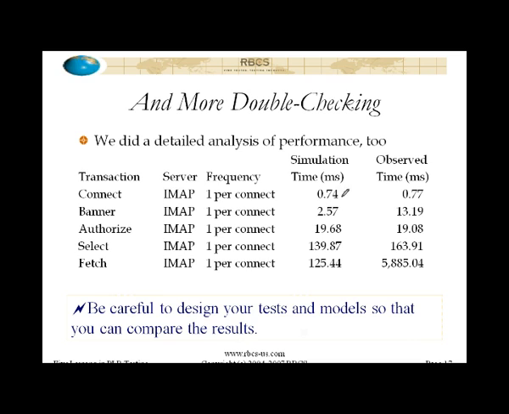So you see here with the Connect, those guys are pretty well aligned, 0.74 versus 0.77. But you get the banner, obviously, wow, you got a big discrepancy here. So somebody's going to have to look at that, understand what that is. Authorized, kind of, sort of, it's not a straight line there, but it's close enough, right? It's a fairly small discrepancy.